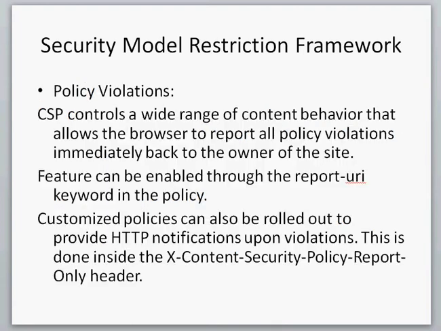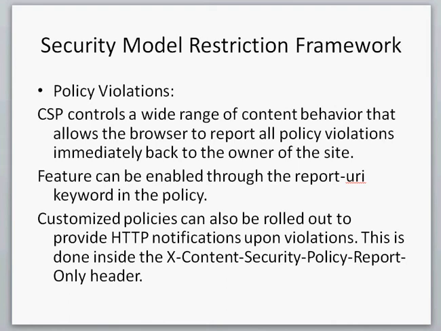We also identified under this module policy violations. The policy violations are under the CSP controls, which control a wide range of content behavior and allow the browser to report all policy violations immediately back to the owner of the website. This is in order to create a more secure environment.